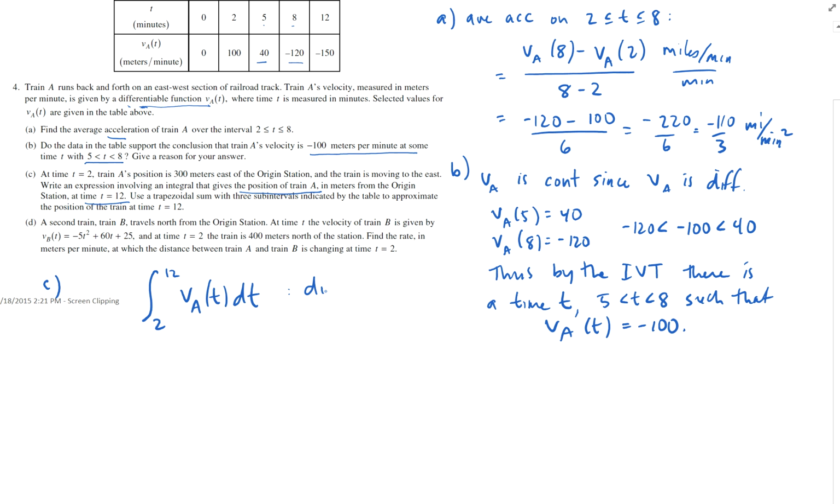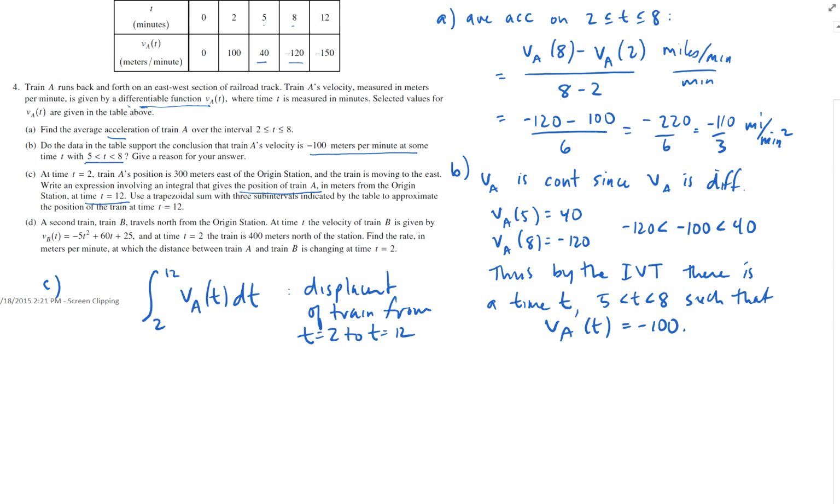Let me write it out just so you can have it. Displacement of the train from t equal 2 to t equal 12, right? In other words, that's the net distance it goes from 2 to 12, not the total distance.